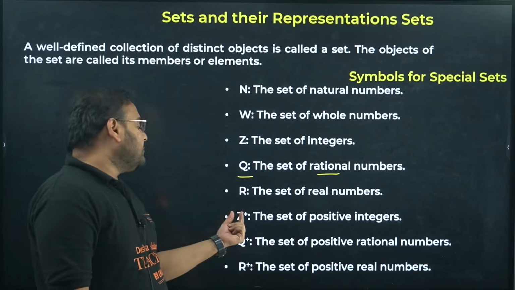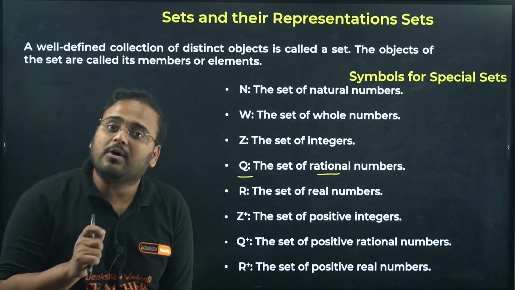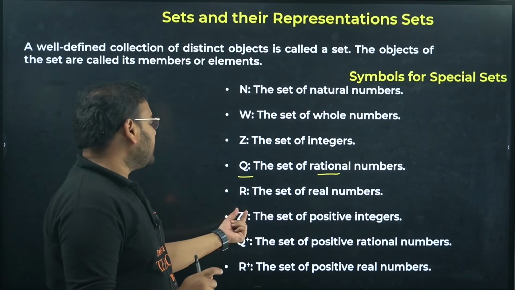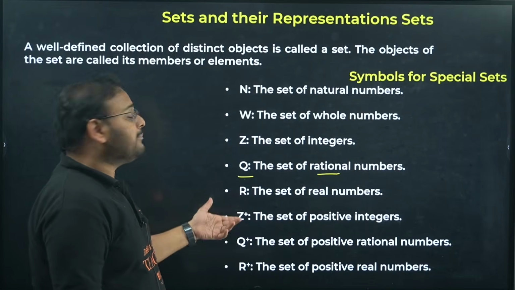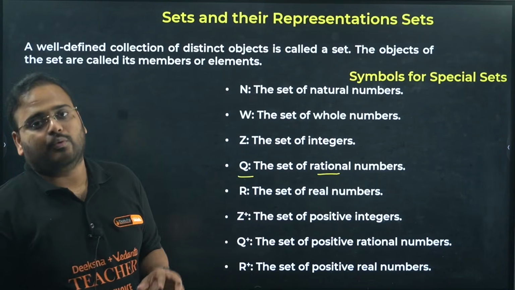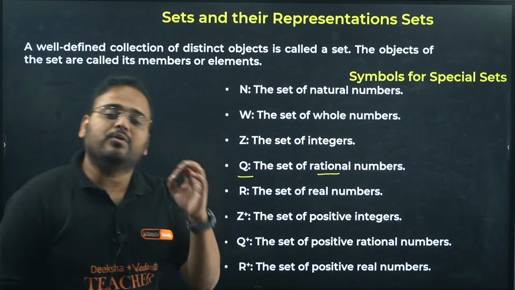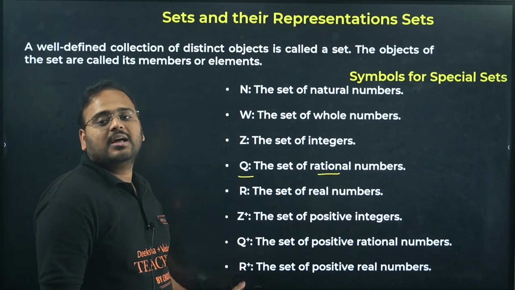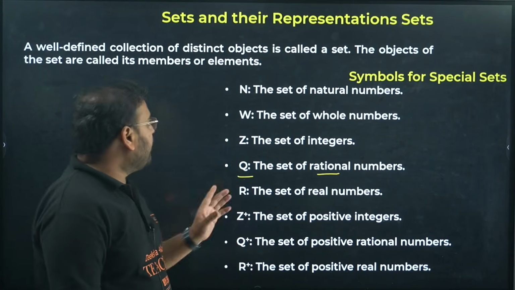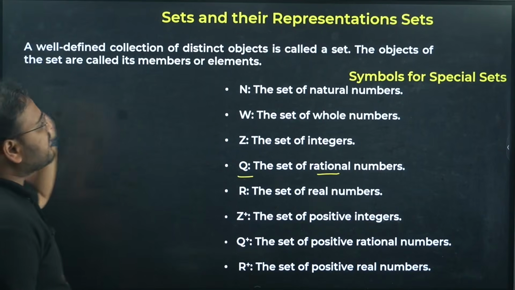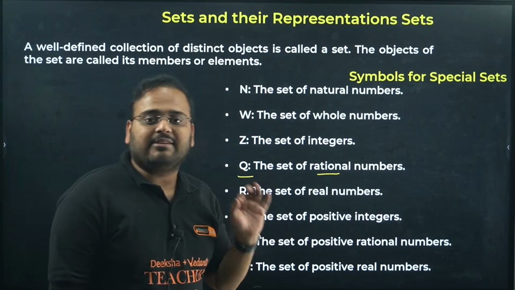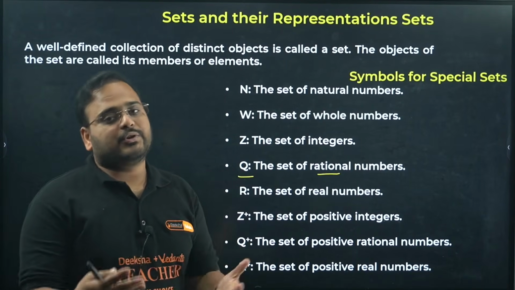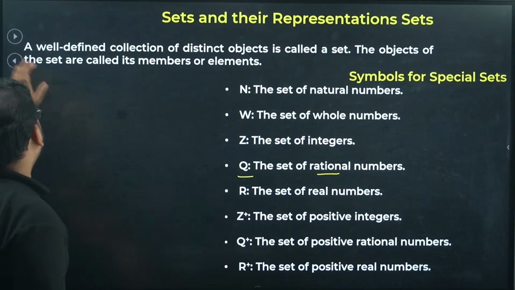No. Z plus means only positive. Is 0 positive? It's not, so it will not be over here. Again, if I write Z minus, will it have 0? No. So when we say Z plus or Z minus, it means only positive or negative of whatever it is, integer, rational and real numbers. I hope this is making it very clear. These are very well defined standard sets that we need to know in order to solve any questions in set theory.